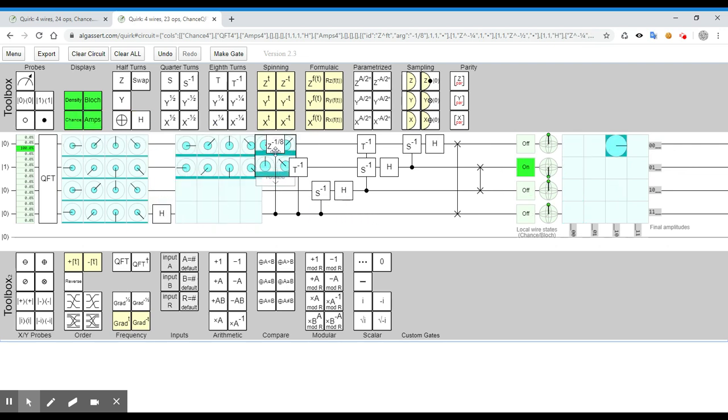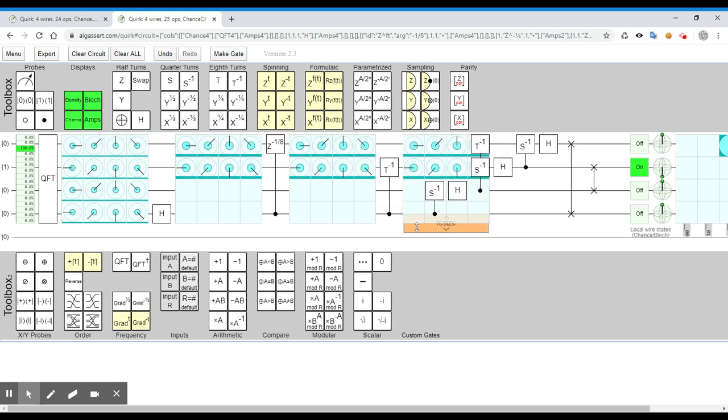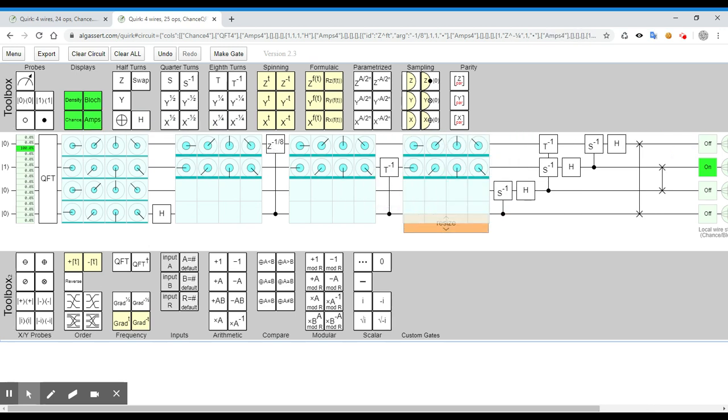So if now I show you what those things look like, you see that here nothing has happened. Basically nothing happens here.